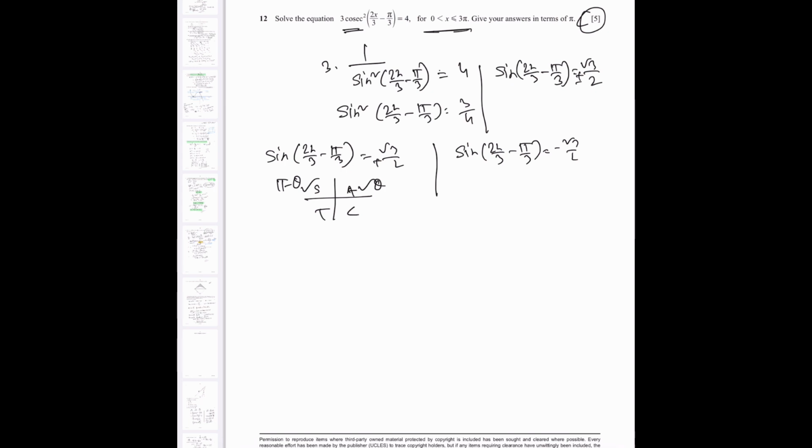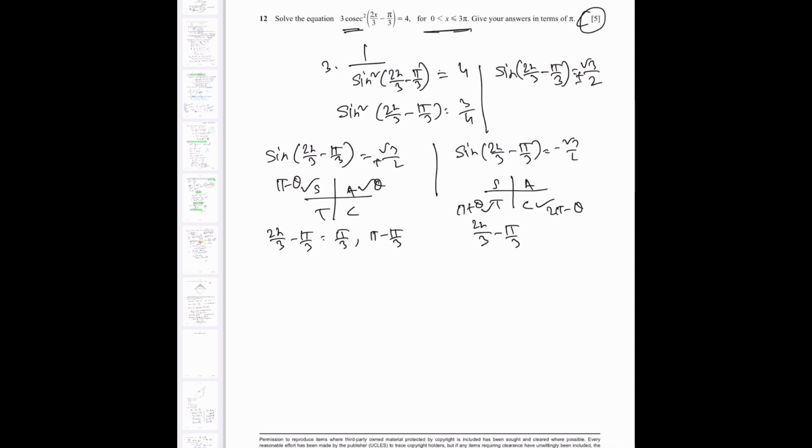So 2x by 3 minus pi by 3 equals pi by 3 is the one, and another one is pi minus pi by 3. Then on the negative side, we will get these two quadrants: this is pi plus theta, this is 2 pi minus theta.